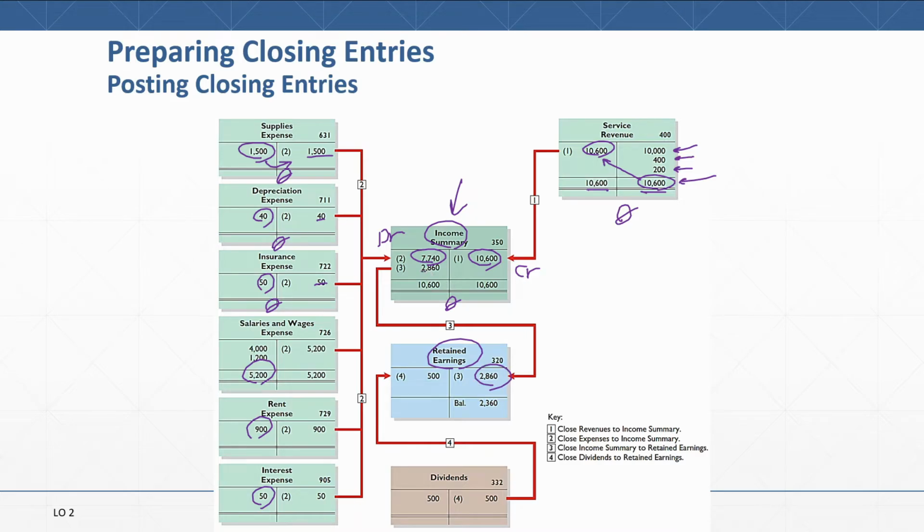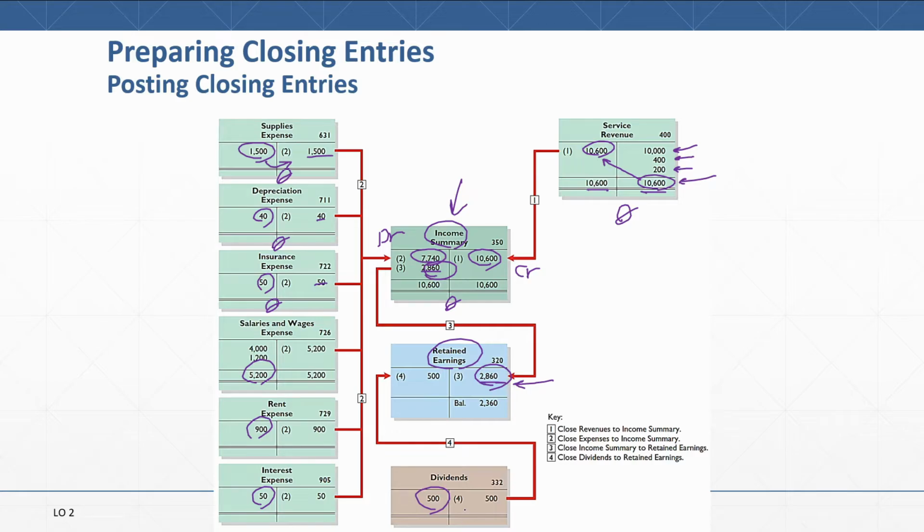So as with debit income summary, we have to credit retained earnings, and by doing that, we basically are transferring the difference between revenues and expenses to our retained earnings account. Lastly, dividends, we had $500 before closing balance.